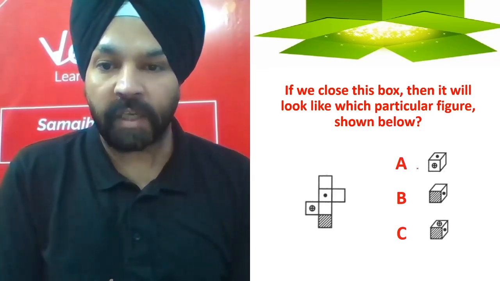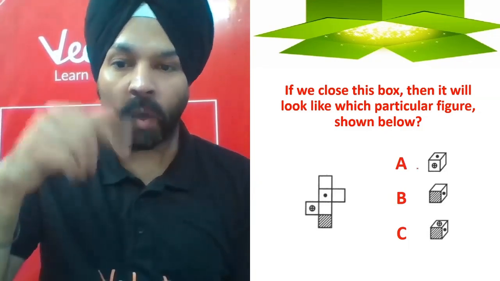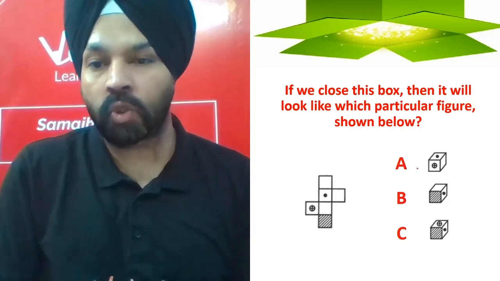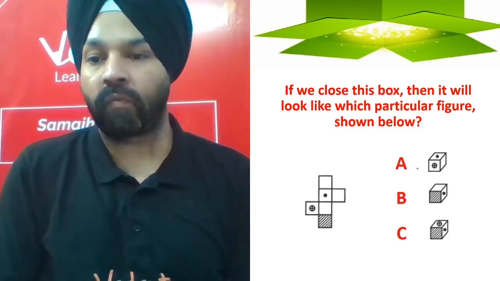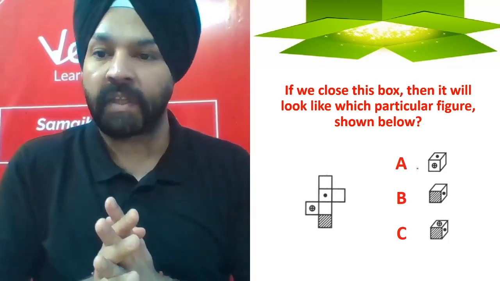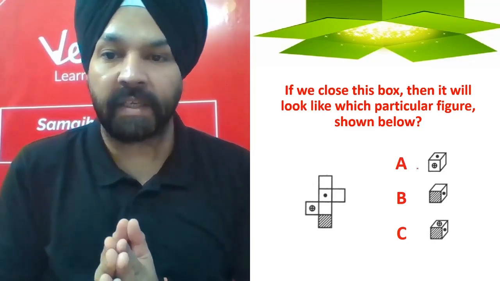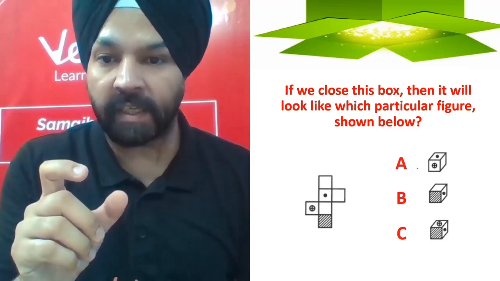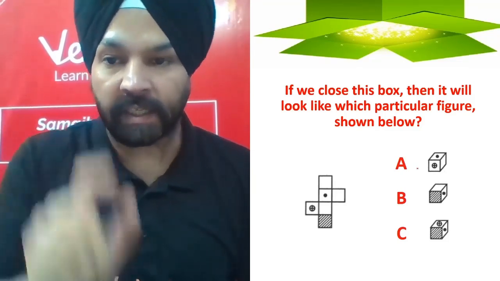Now it is very much visible to me that dot, circle and shading are not in one line. So what can I infer and what will be my answer? If I look at the first diagram, it simply tells me that dot is there and a blank portion is there, and a circle is there.